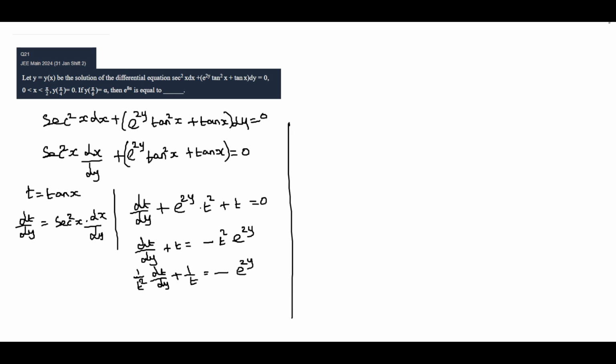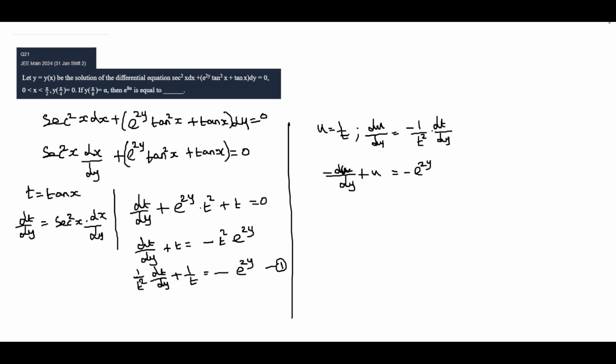Again we need substitution. Take u equal to 1 by t, so du by dy is equal to minus 1 by t square into dt by dy. So using it in the equation, minus du by dy plus u is equal to minus e power 2y.